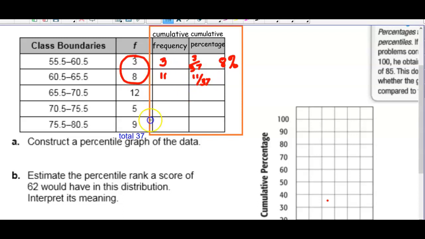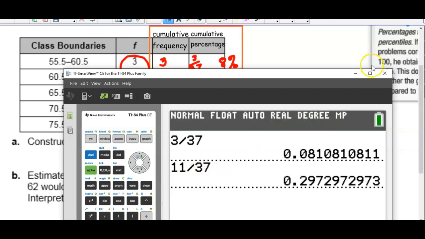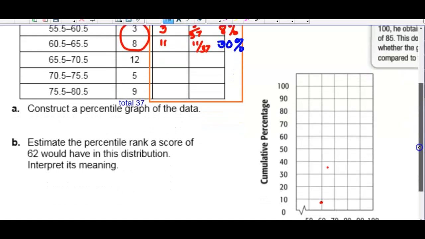So 11 out of 37 is almost 30%. So we use the right-hand side here. So at about 66, we're at 30%.